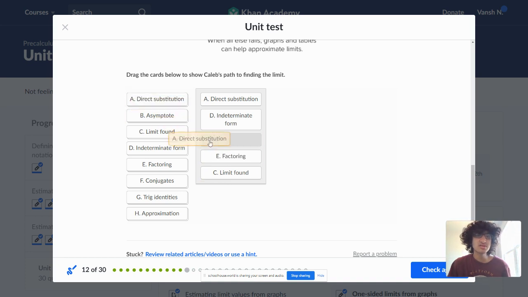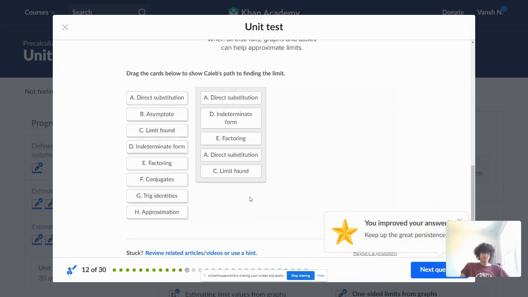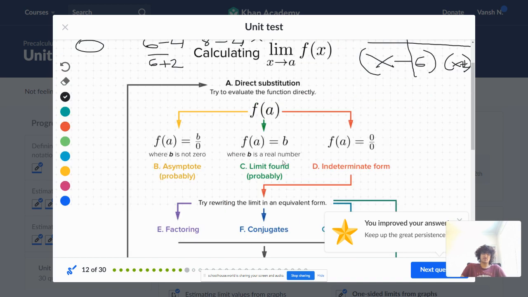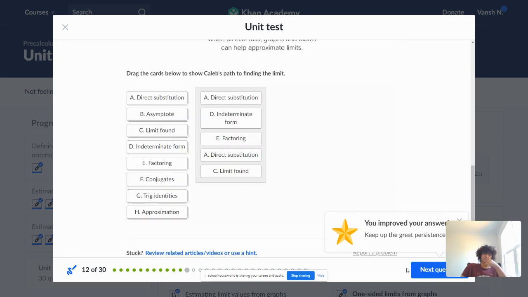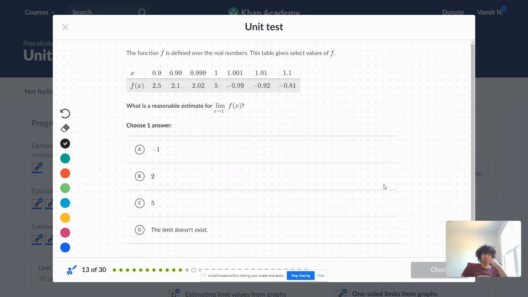Oh, did I miss direct substitution again? Okay, so you do direct substitution, get the indeterminate form, you factor, and then you substitute in again right here. So I forgot to put that. Dang.